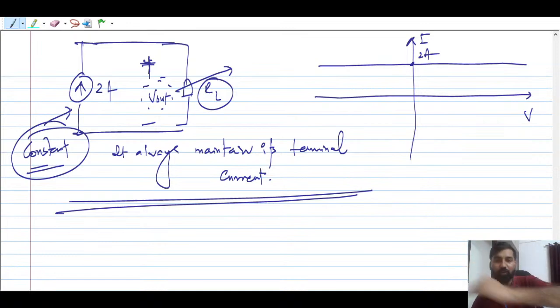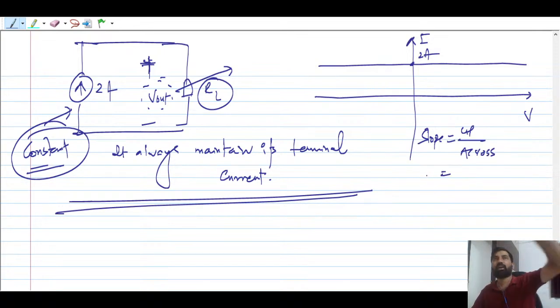So यहाँ slope 0. How slope 0? See, as I said, the slope is nothing but up upon across. तो आप कितना जाएंगे? You see, up. You're going up, this is basically what? It is not changing, right?